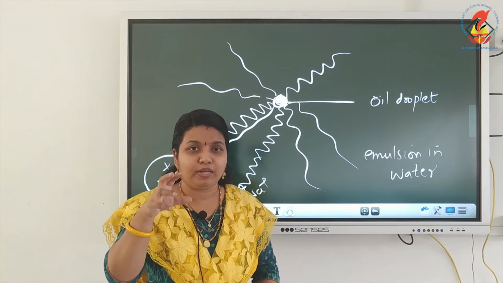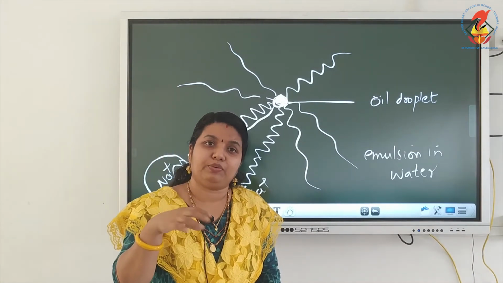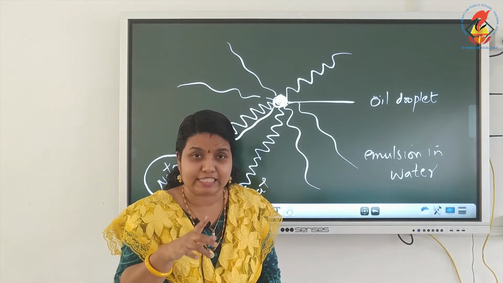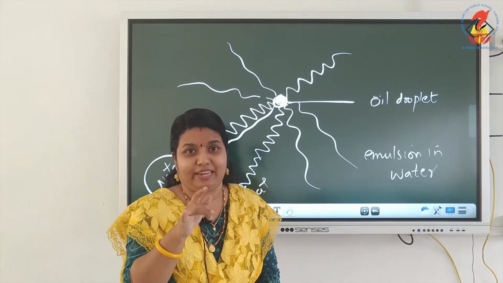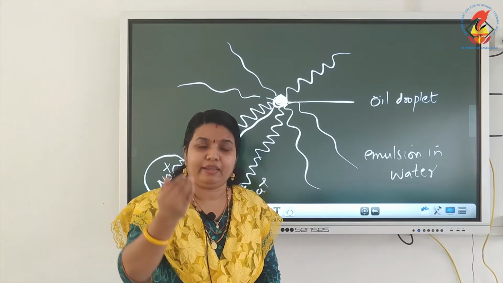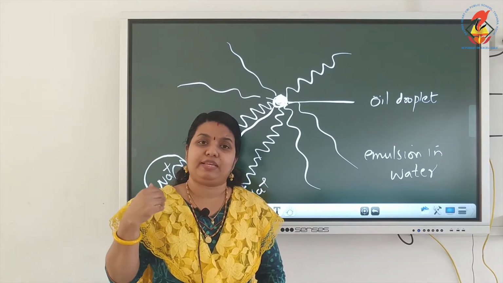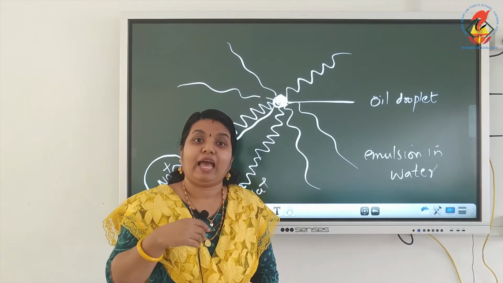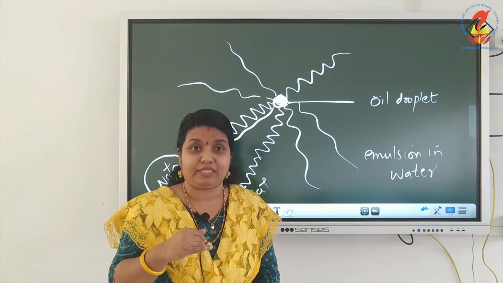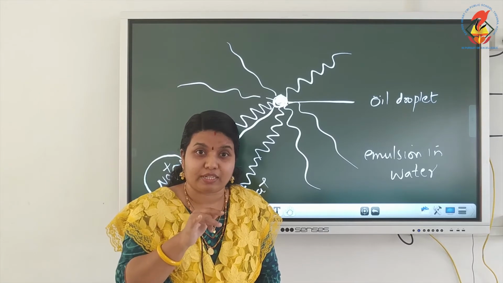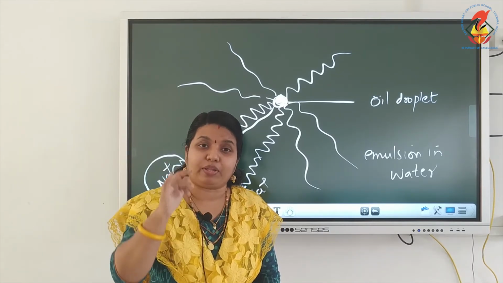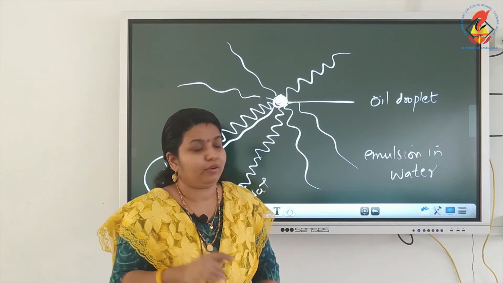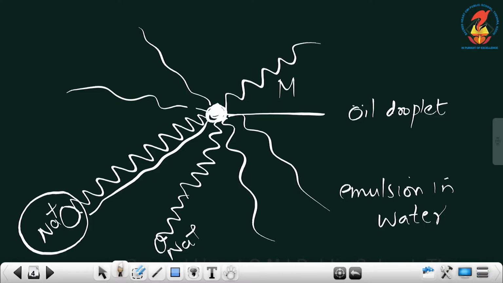So the oil droplet is surrounded by soap molecules in all directions in such a way that the hydrophilic end, water loving end, COO, a polar end, that is ionic end, is facing outside towards water, and the hydrocarbon chain, carbon chain which is hydrophobic, water hating but loves oil, will be oriented towards the oil droplet. Such a structure is known as a micelle.